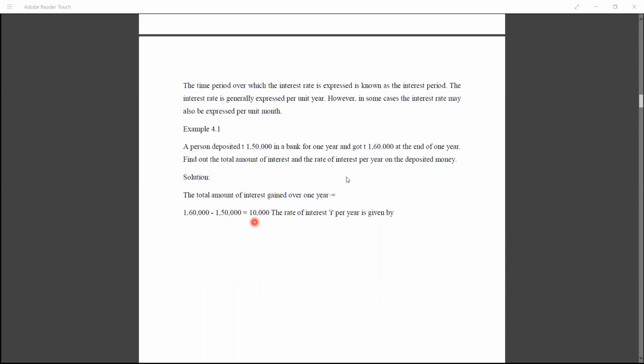This 10,000 rupees is only for per year. Read the problem very carefully. Whatever it is asking, it is for 1 year. Even in the question above, the person has been investing 1,50,000 for 1 year. So what is the interest rate per year? It is not asking for 2 years or 3 years, only per year.